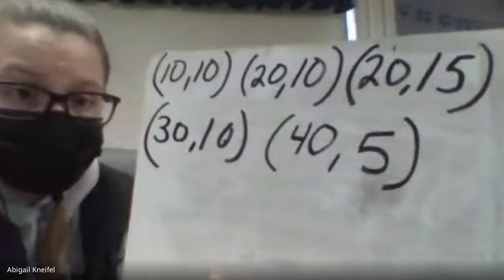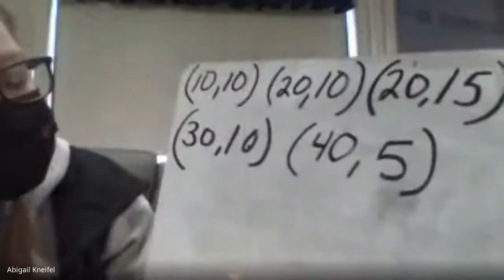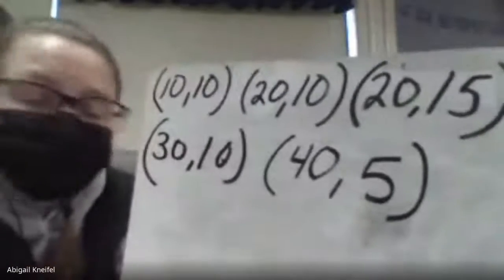10, 10; 20, 10; 20, 15; 30, 10; 40, 5. All right. Do you put ABC? Yeah, sorry.